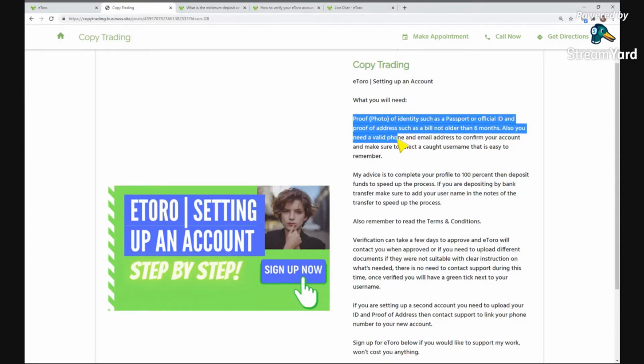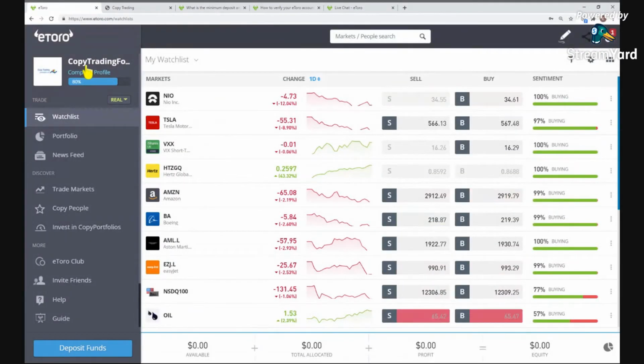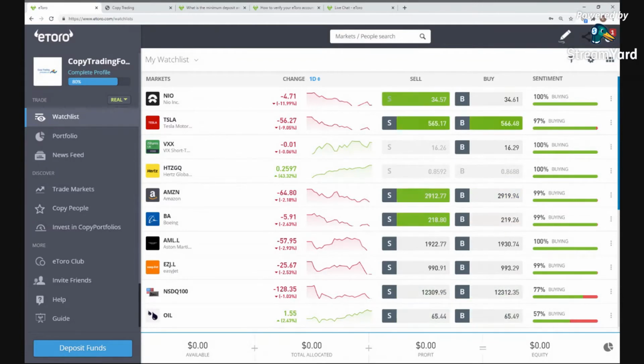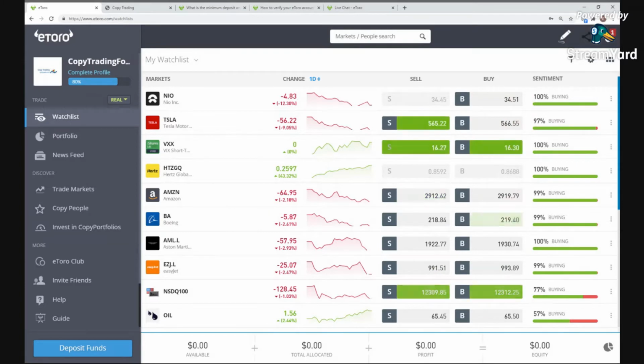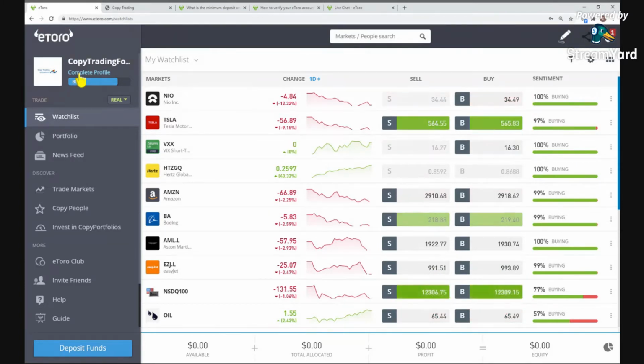Also, you'll need a valid phone number and email address to confirm your account. Make sure to pick a catchy, easy-to-remember username, because maybe in the future you might have people copying you. So you want something catchy, or else use your name, like Jay Nemesis has done. His first name is Jay, or One Girl. It's very easy to remember. Whatever you're comfortable with, you can select, but just keep in mind that people may be copying you in the future.